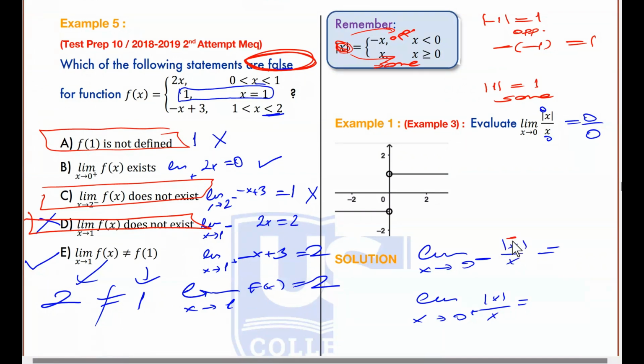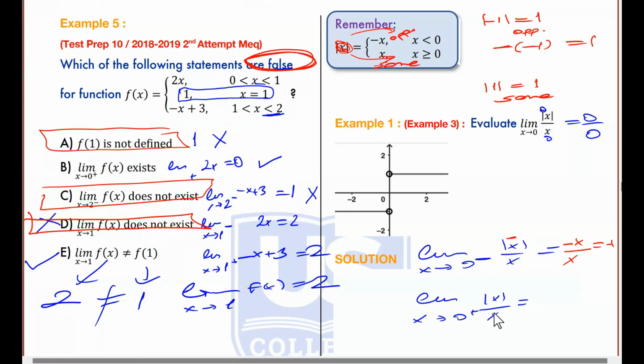If the inside of the absolute value is negative, as here, we will take x out as its opposite. So x will come out as negative x. Don't touch the denominator, just simplify the absolute value. So absolute value x will come out as negative x since inside is negative, by using this rule. Negative x over x is negative 1.